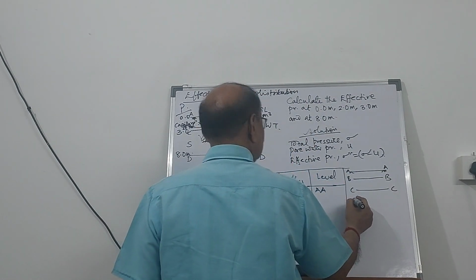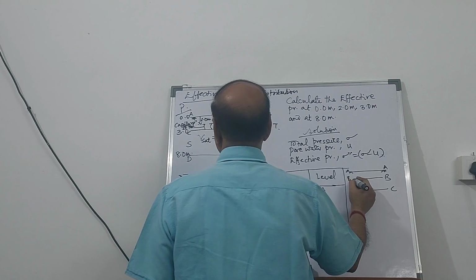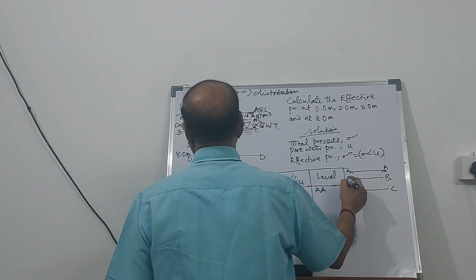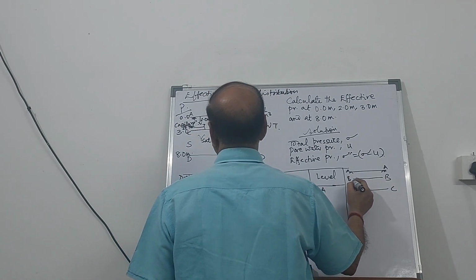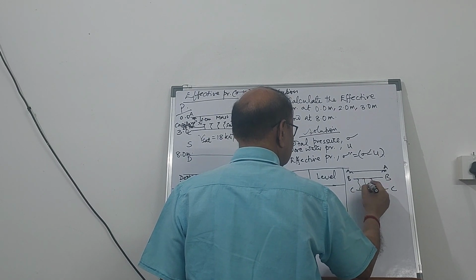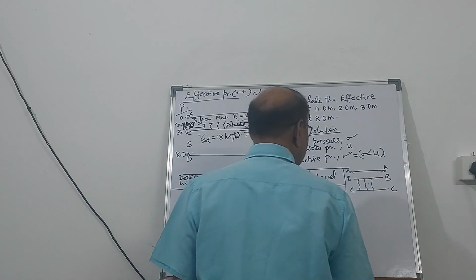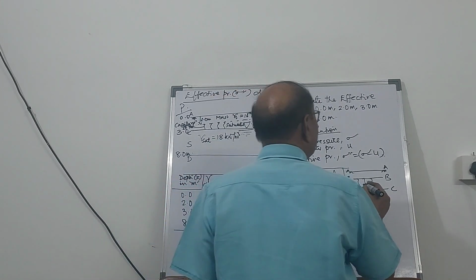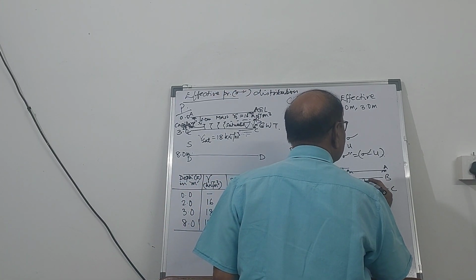Now from this level 3 meter up to 2 meter level, you have capillary rise. So due to capillary rise, the pore water pressure here will be like this.